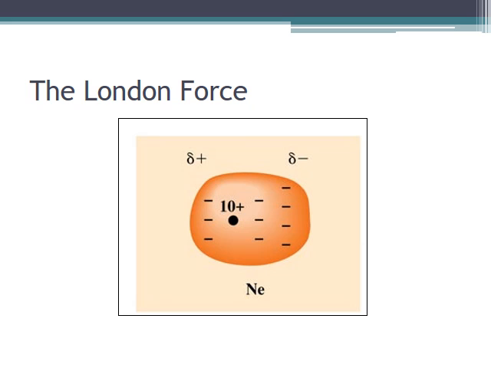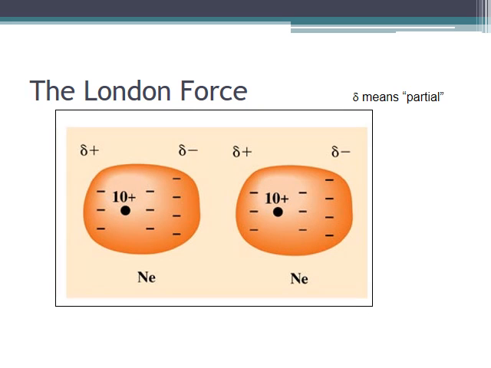Let's see how a London force is caused. If we have a neon atom with its 10 electrons, at some instant the electrons may be unevenly distributed. In this picture we have more electrons on the right hand side of the atom than the left. That little squiggle means that we have developed a partial negative charge on the right hand side, a partial positive charge on the left. That's a small Greek letter delta.